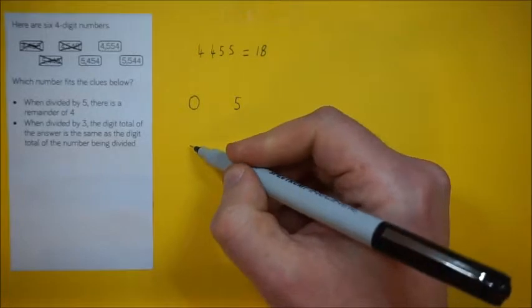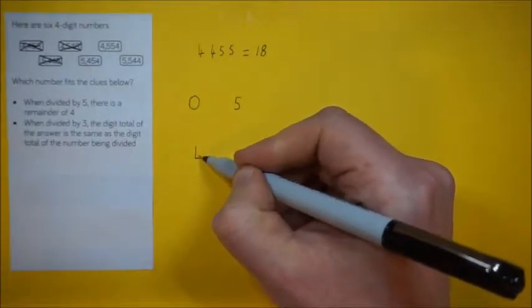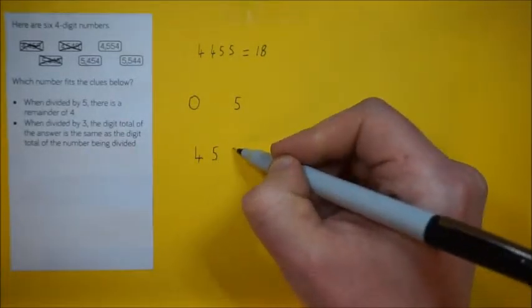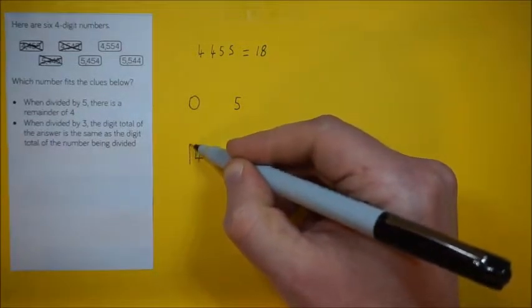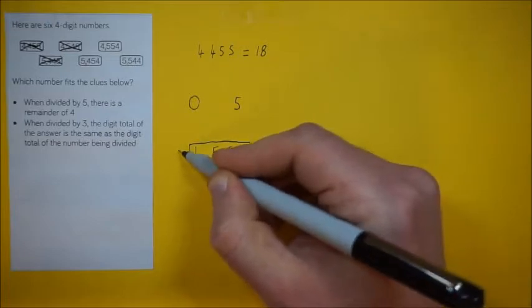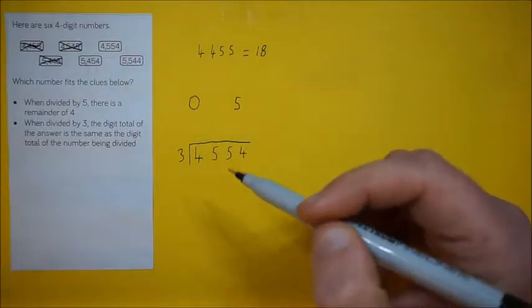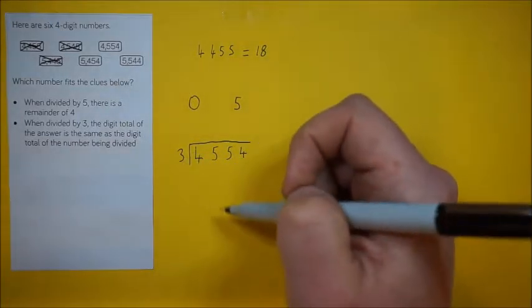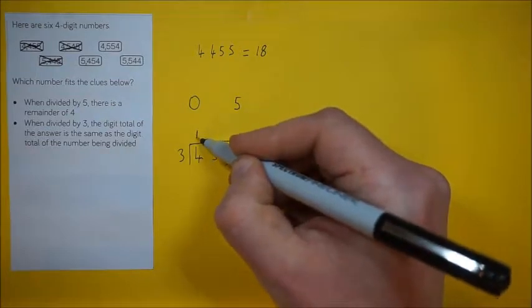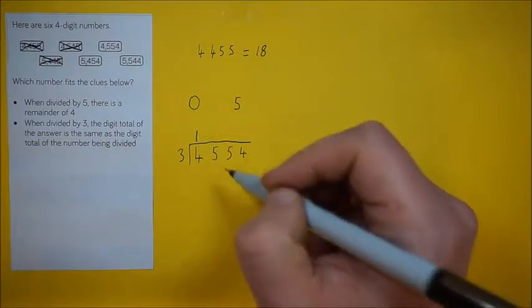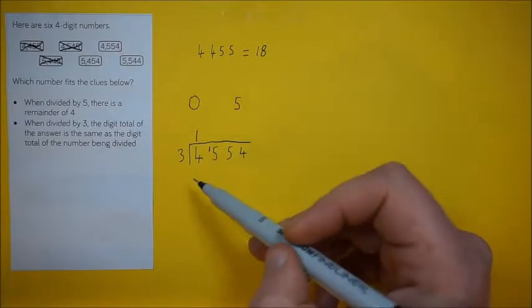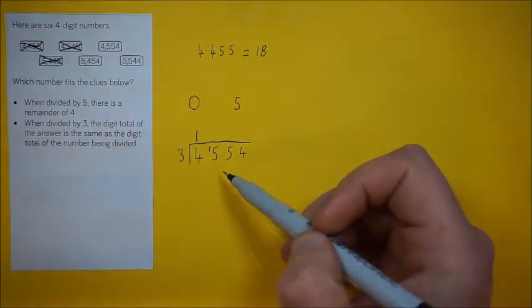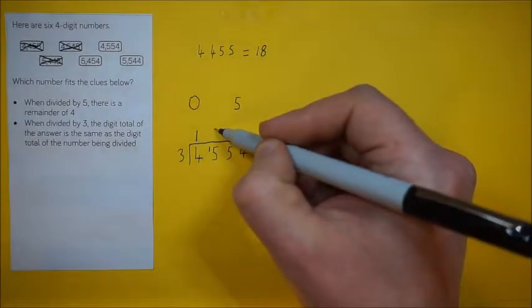We're going to take 4,554 and divide it by 3. So how many 3's go into 4? Well, 1 goes in, but we've got 1 remainder, so we carry that across to make that 15. How many 3's go into 15? That's 5 exactly.